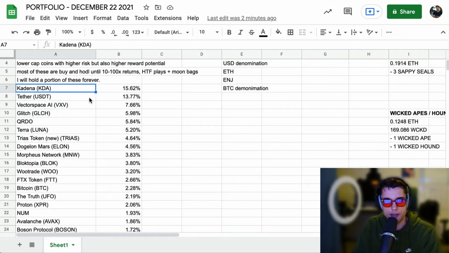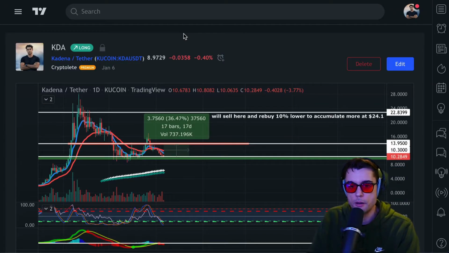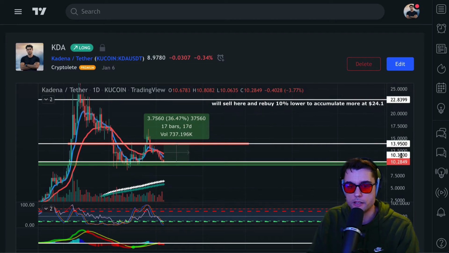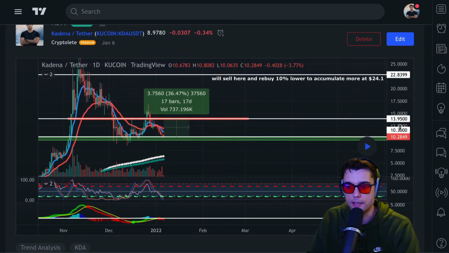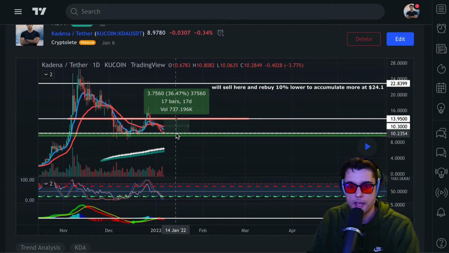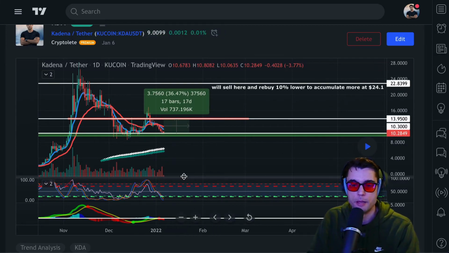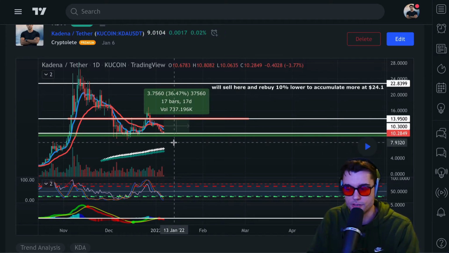So let's go to KDA. Bringing up KDA, this was my trade for KDA, right? I bought it at $10.28, and my plan was to buy it and then simply hold it until it happens here. I don't put stop losses on these type of trades because they're not technically, well, I guess technically they are trades, but in my mind they're long-term investments.